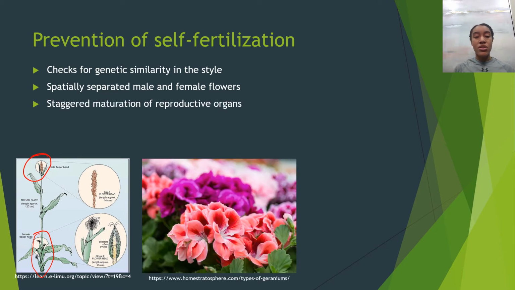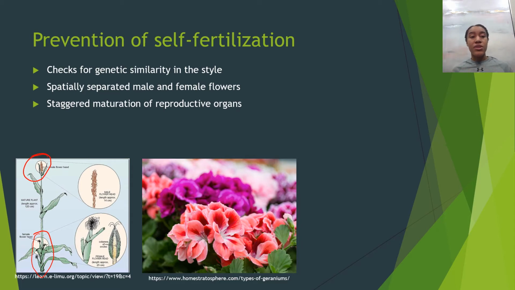You can also decrease the chances by alternating the maturation of the male and female reproductive structures. So some plants will have the male reproductive structures mature first and release their pollen, and then the female reproductive structures will mature.